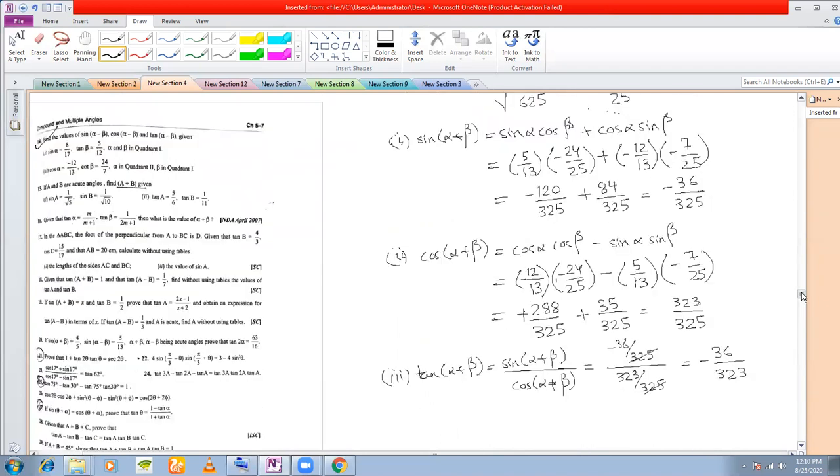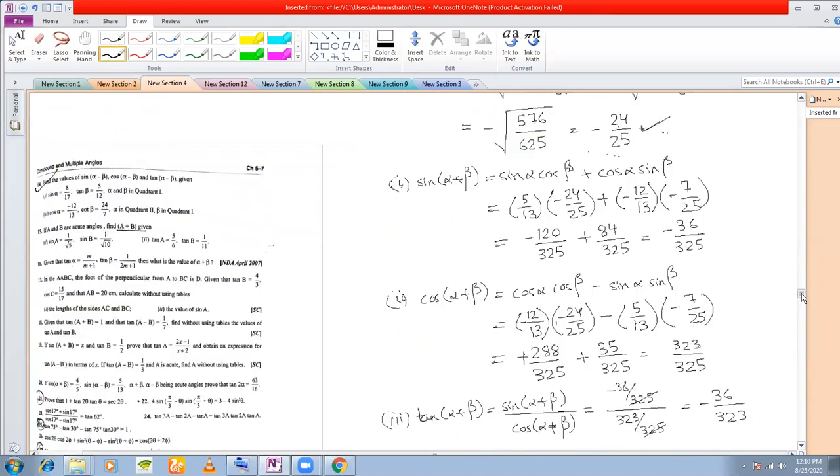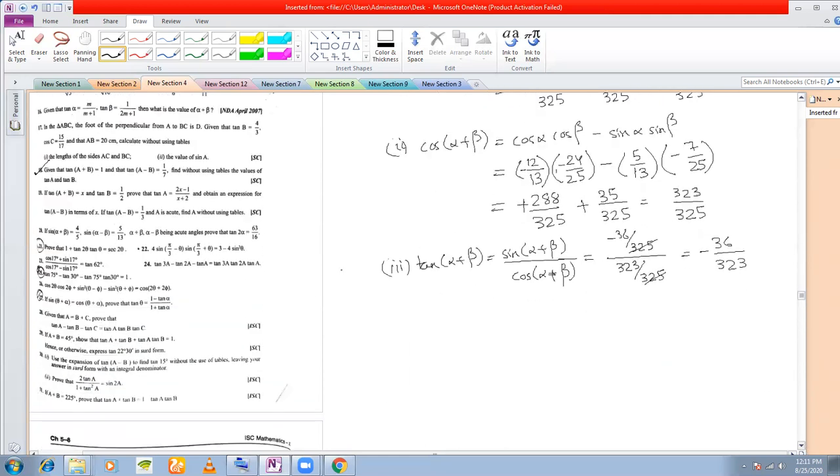Okay, I intend to solve one more problem here for today. If A and B are acute angles, oh, not this. Look at this one. Given, this is number 18.